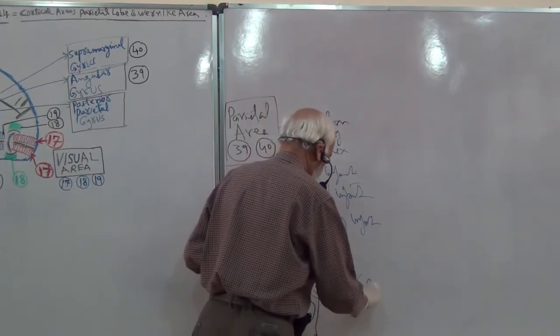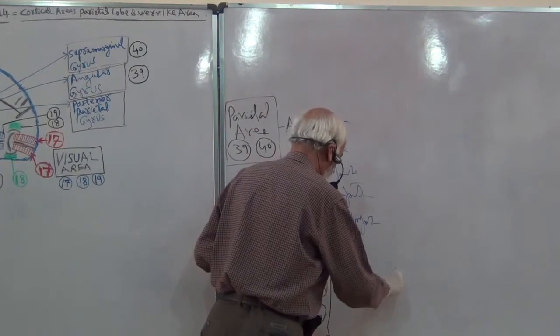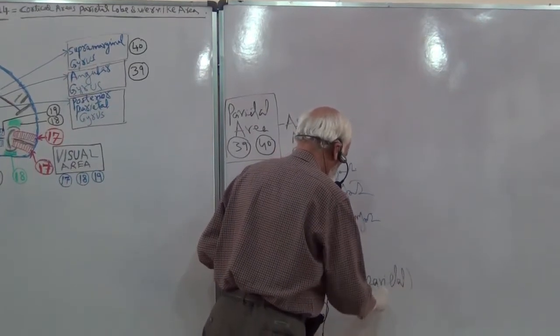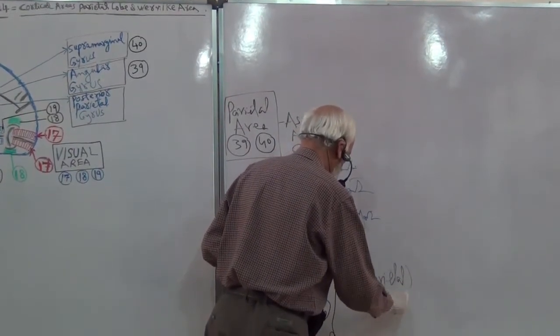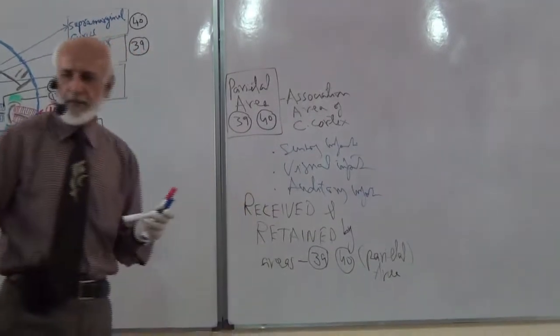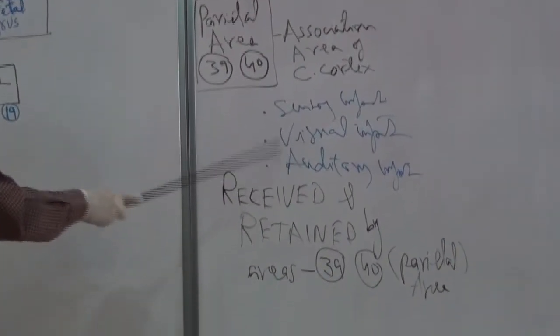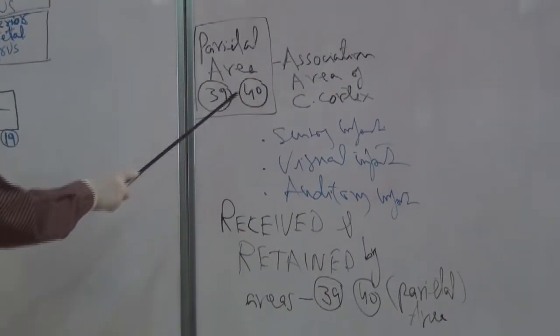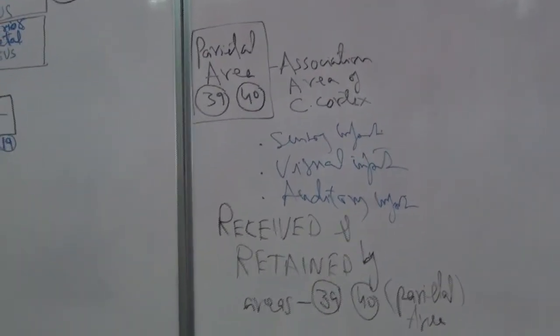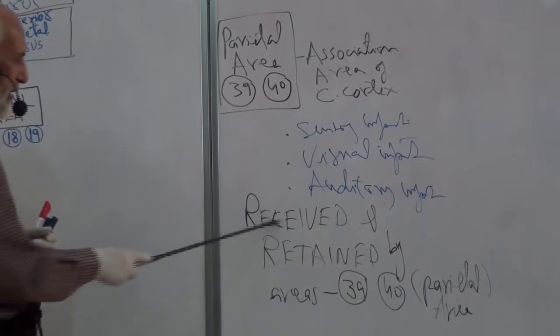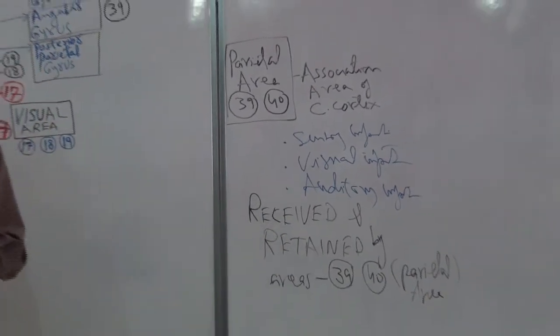That is the parietal area, parietal cortex. All the sensory information, visual information, auditory information is received by parietal areas 39 and 40. Not only does it receive, but it retains it.